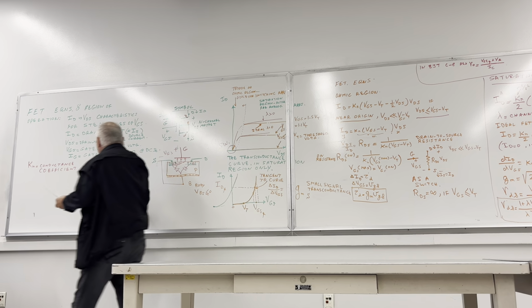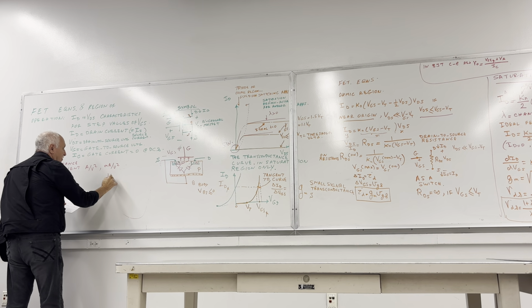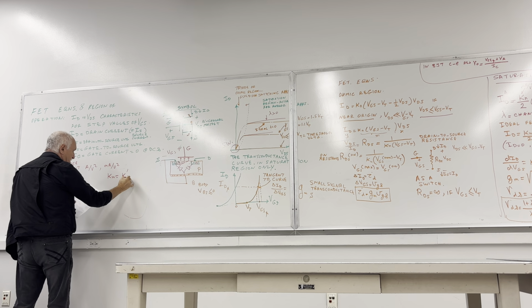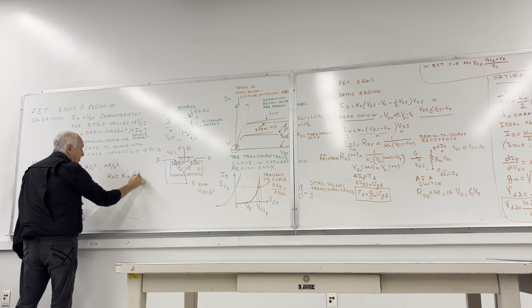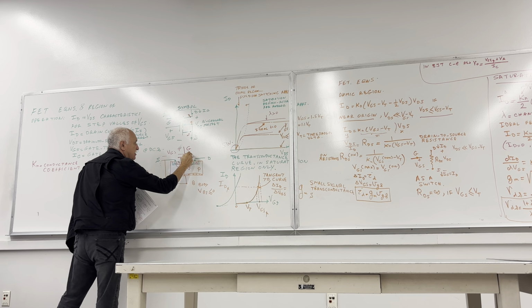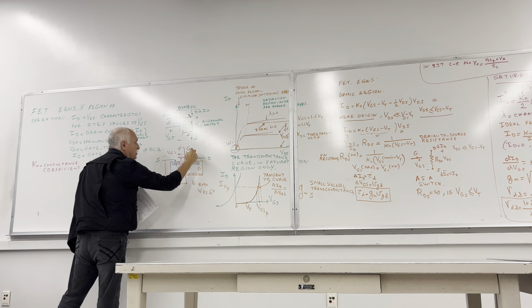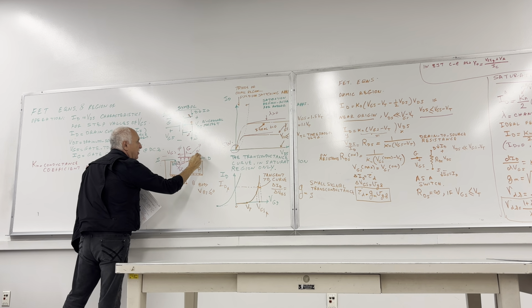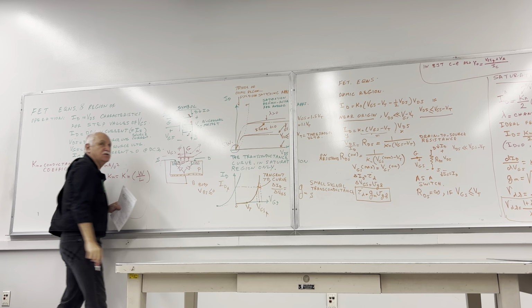Conductance coefficient Kn is equal to K dash N, I'll tell you what that is, multiplied by W over L. L is the length, W is the width of that plate, this plate at the top.